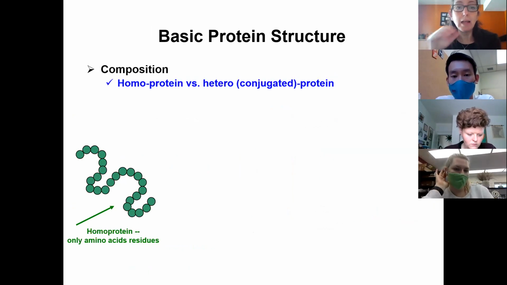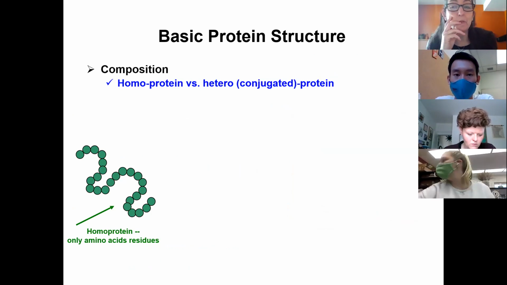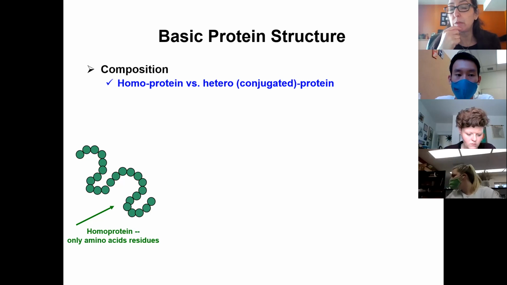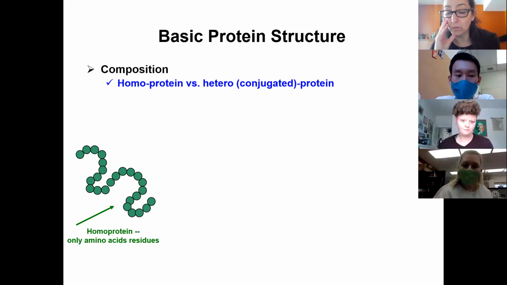All right. So last bit here, or before the last bit about the protein structure formation, you have homoproteins. That means you have proteins that are only made up of amino acids. You don't have any other type of molecules associated with the protein.